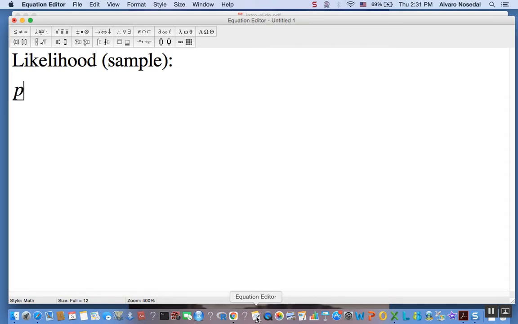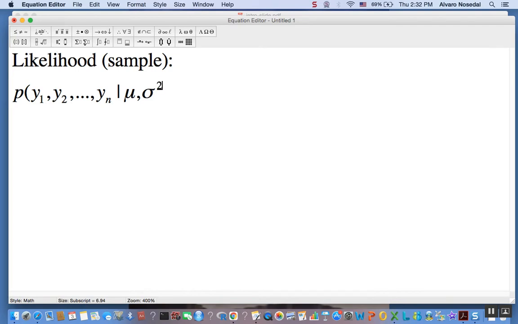We could think about that as the conditional probability of observing particular values for y1, y2, and so on up to yn, given that we have particular values for the two parameters mu and sigma squared.